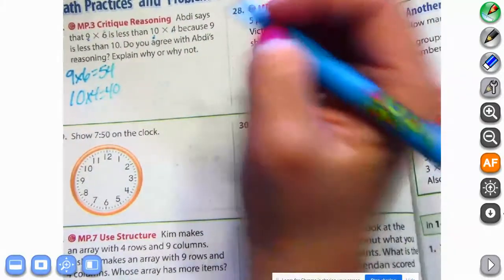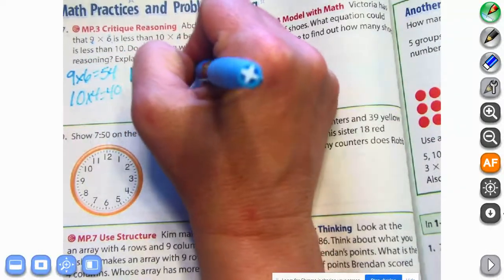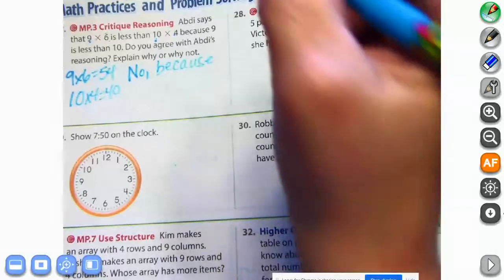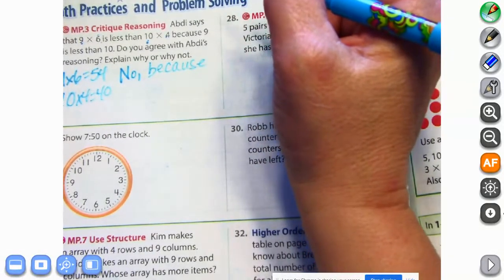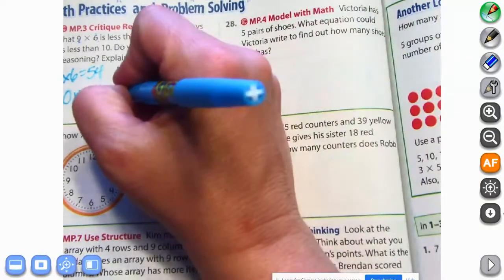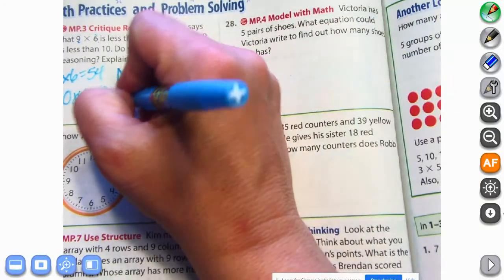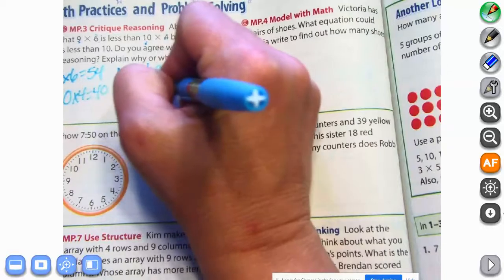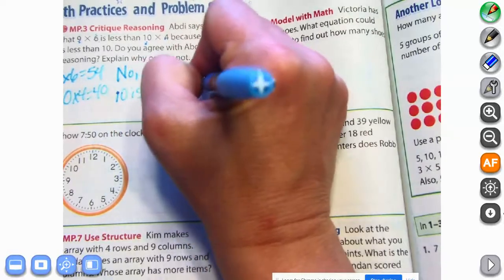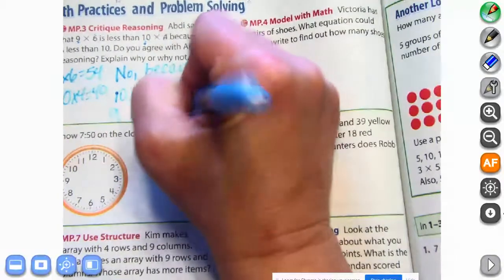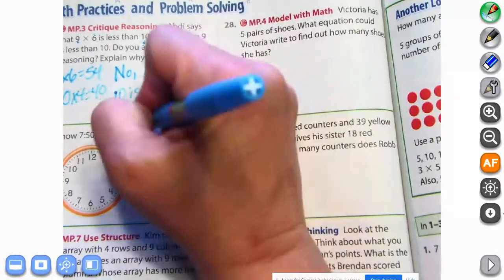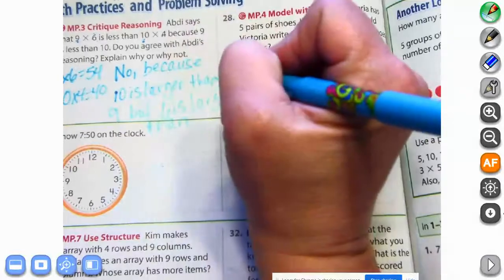Do you agree with Abdi's reasoning? No. Okay, no, because 10 is larger than 9, but 6 is larger than 4. That really changed it.